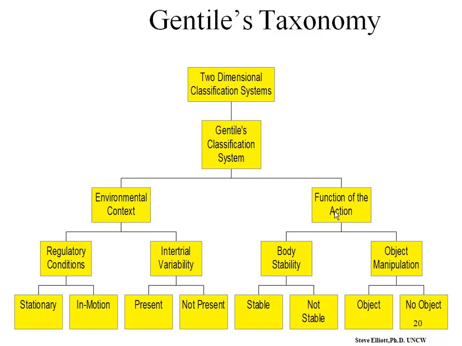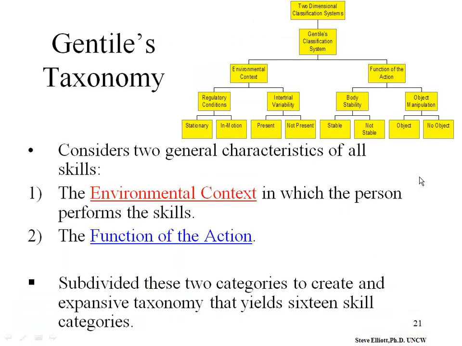You can see this on the handout I sent you, or in the chapter on page 14, I believe. She broke environmental context down into two areas, the function of the action into two areas, and then further split those. So like I said, the two general characteristics are the environment and the action itself, and then she subdivided these into 16 categories.